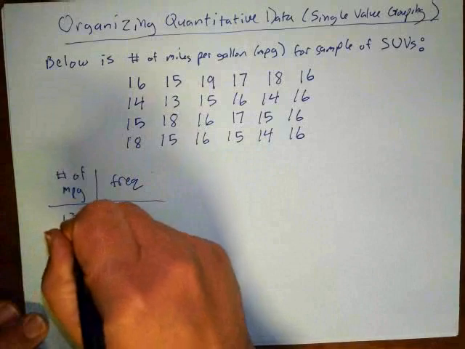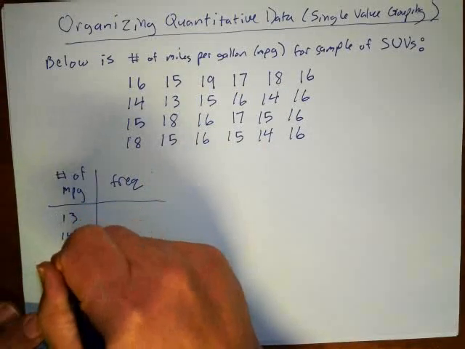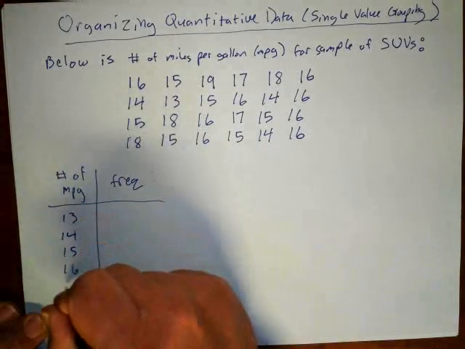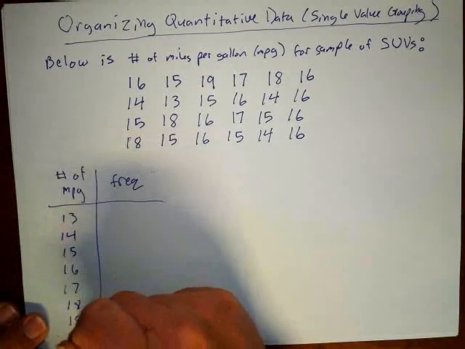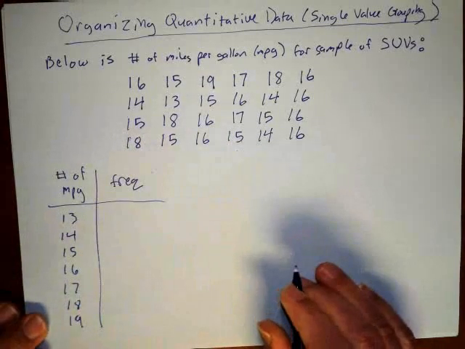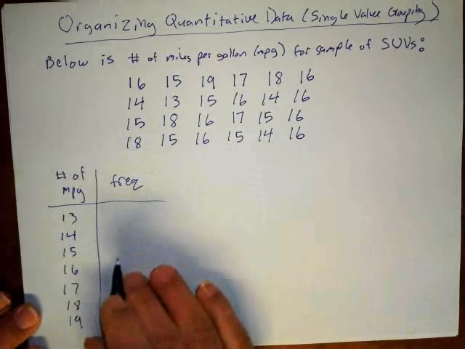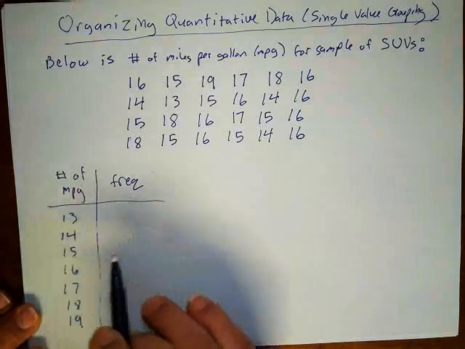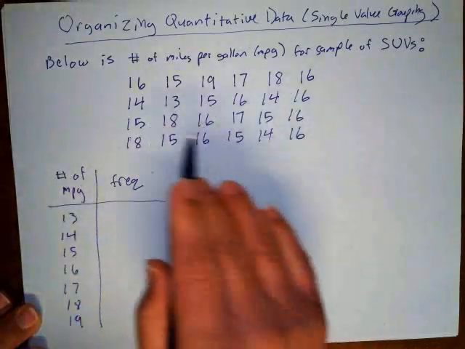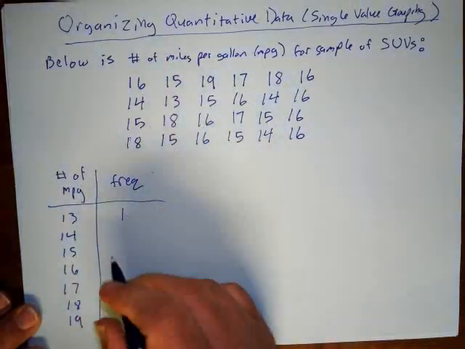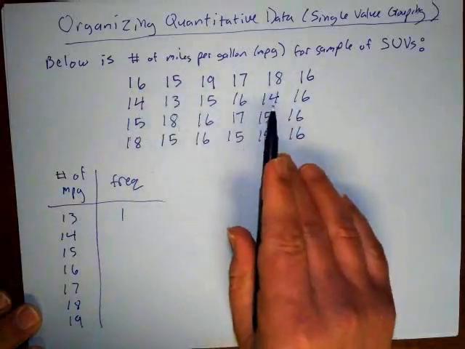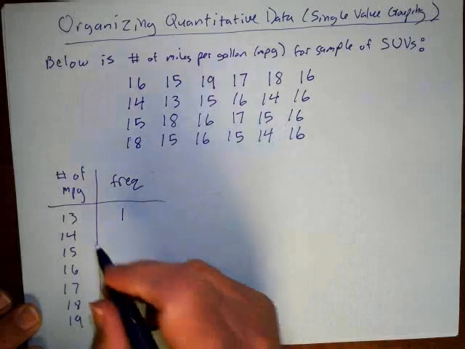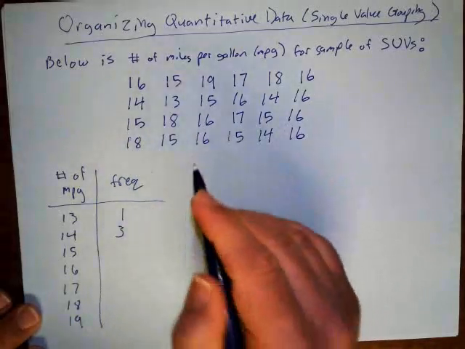So it has 13, and then 14, 15, 16, 17, 18, and 19. Now, to get the frequencies, I just have to find out how many there are for each one of these. I think there's only one 13. And for 14, I got 1, 2, 3.